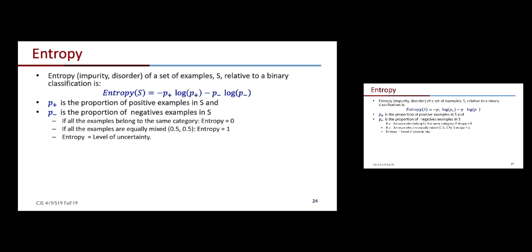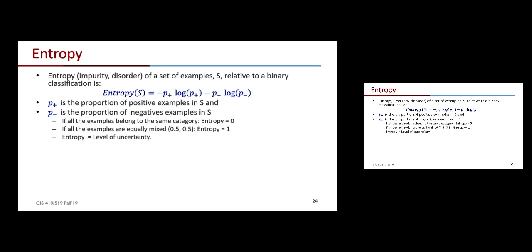Think about why. So in one case, we'll have log of 1, which is 0. And in the other case, we have log of 0 times 0, which is also 0. So the entropy is going to be 0. If the examples are equally labeled plus and minus, then let's think about this as log base 2.